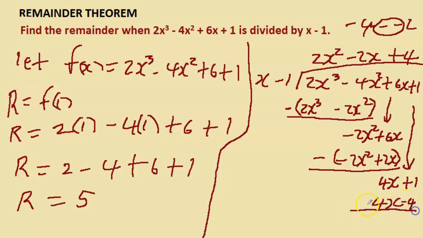Okay, subtracting again, term above, subtract term below. So it's 4x take away 4x, which is 0. And then here, now careful, is 1 take away negative 4. It's 1 take away negative 4. A double negative here, 1 plus 4, and we get 5. Alright? Which is what we have for the remainder, 5.